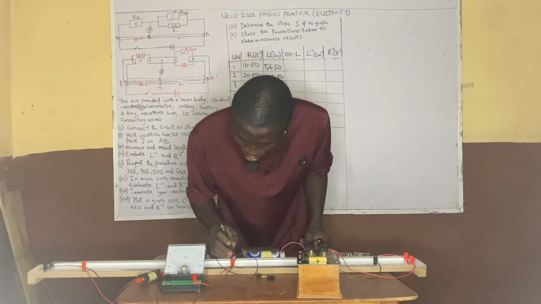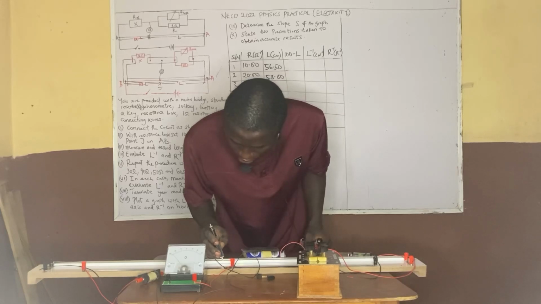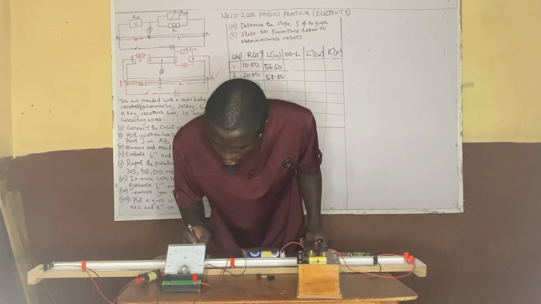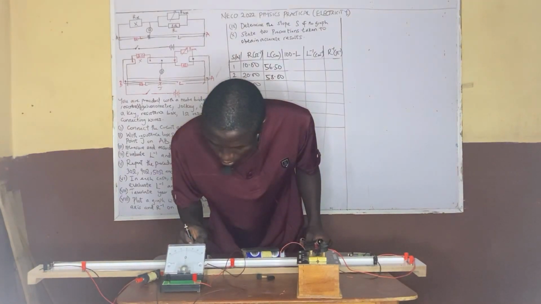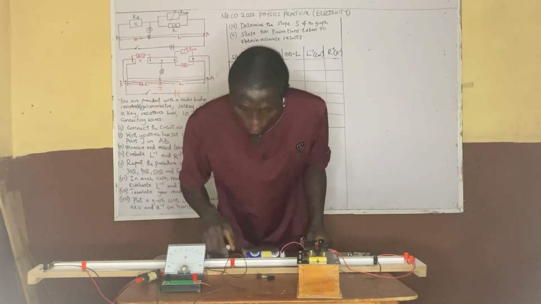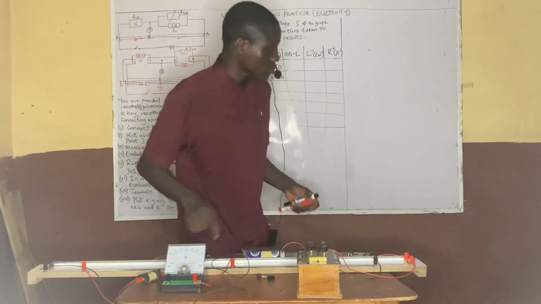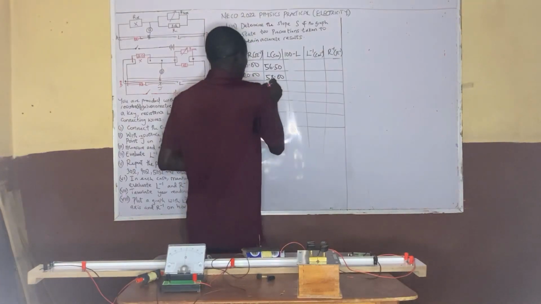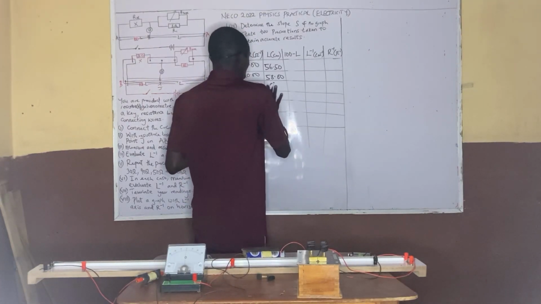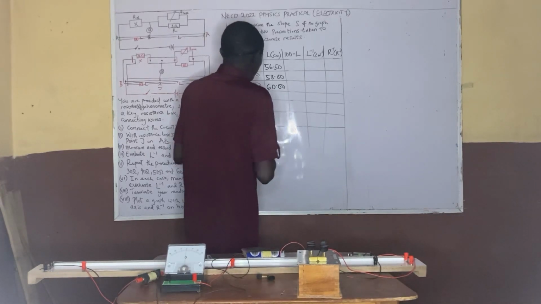Make sure that you don't touch other parts of the ruler. So this is 60. We have 60.00.